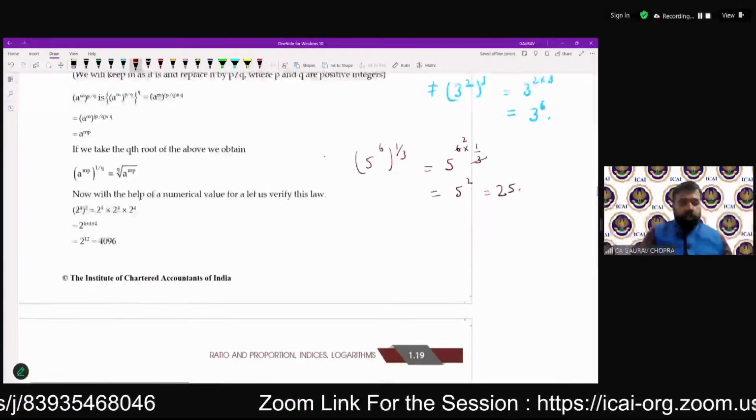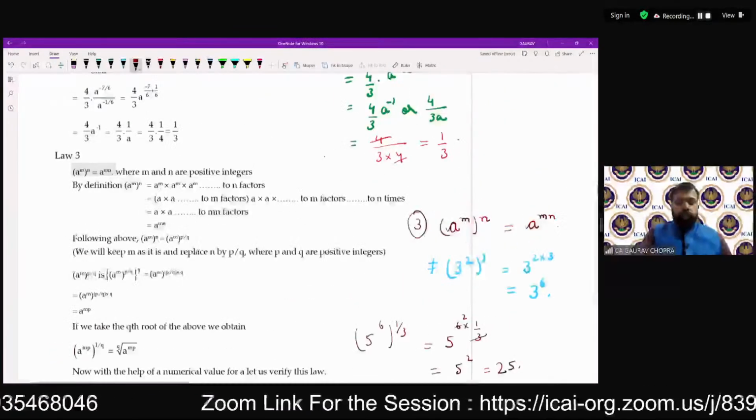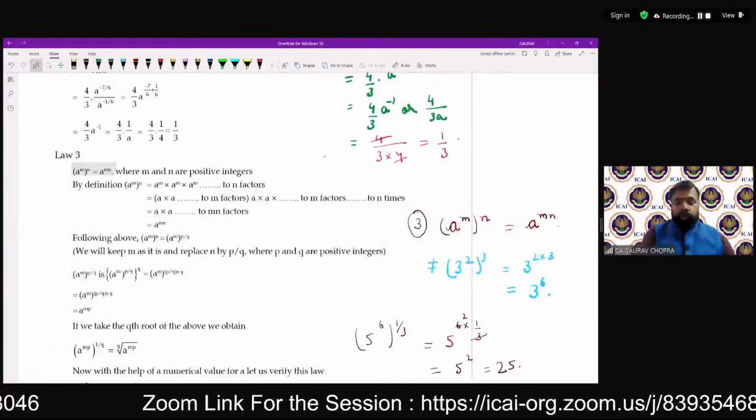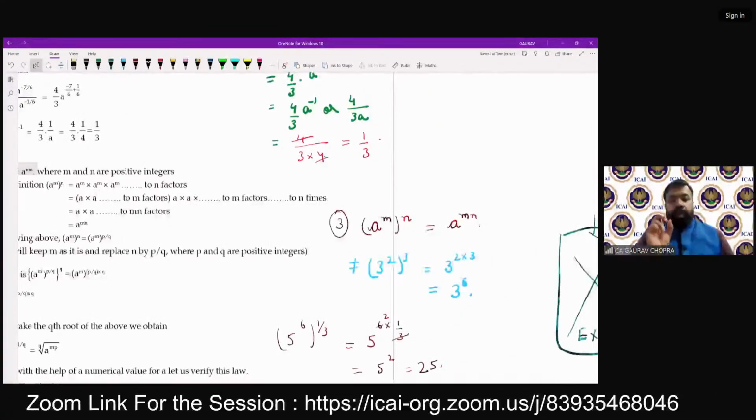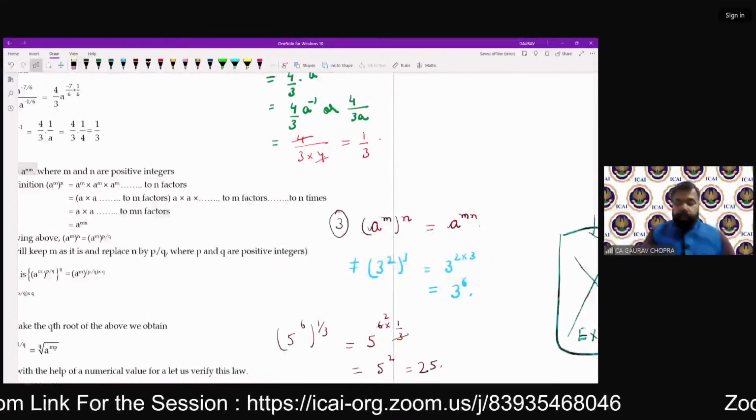Then the third law is basically about a to the power of m whole to the power of n.